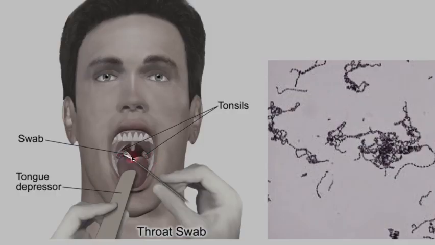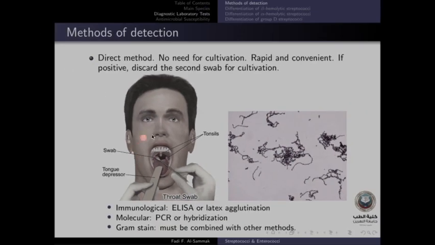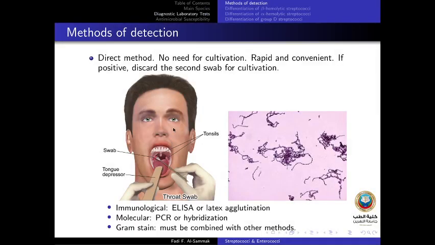And you take the specimen and you put it on blood agar, and you do the rapid test, or you can do the indirect test for cultivation.